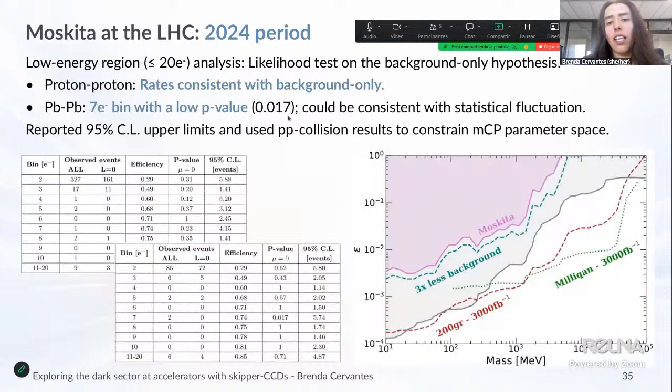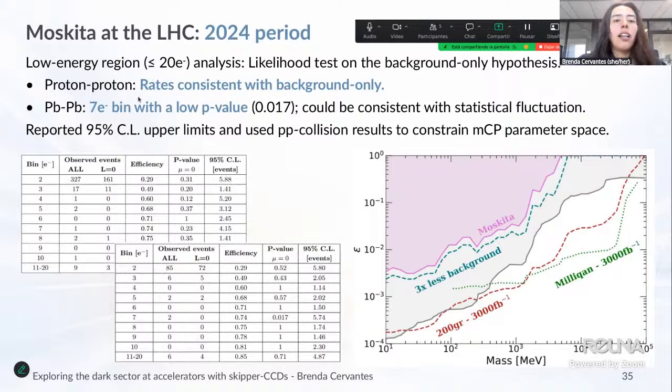With that data, we separated our analysis into regions. First, we focused on the low energy region, where we only studied events that have 20 electrons or less. We did a likelihood analysis to test the background-only hypothesis, to see if we saw any difference between beam and no beam.